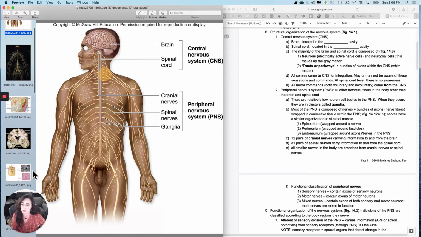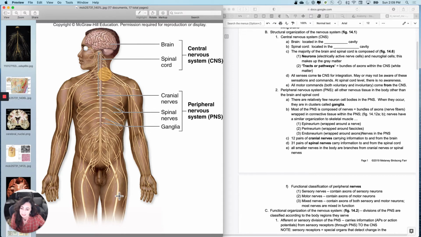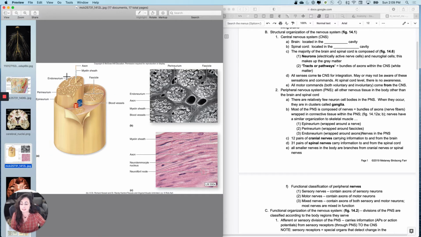Okay, so let me show you what a nerve is. If I take this nerve, which is the biggest nerve in the body, called the sciatic nerve, and then look at what makes up that nerve, I will do a little cross-section of the nerve and see that it basically is just bundle after bundle after bundle of myelinated axons.